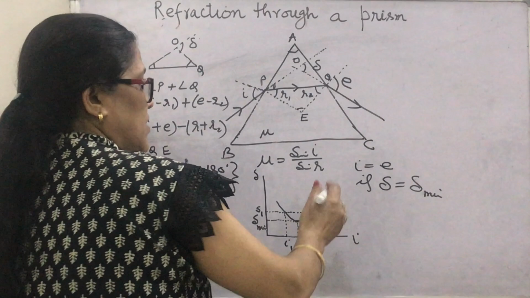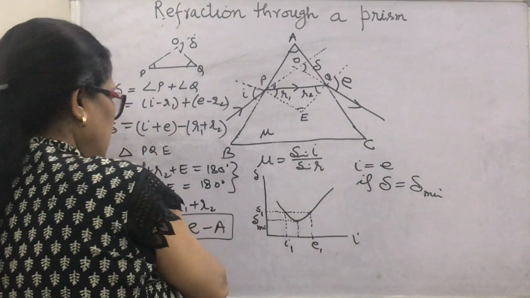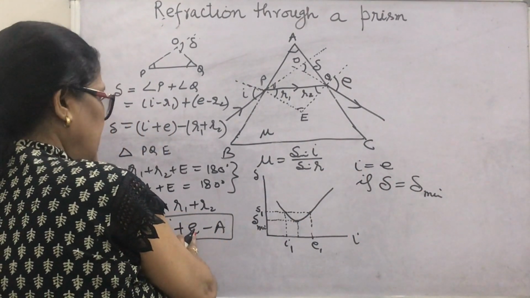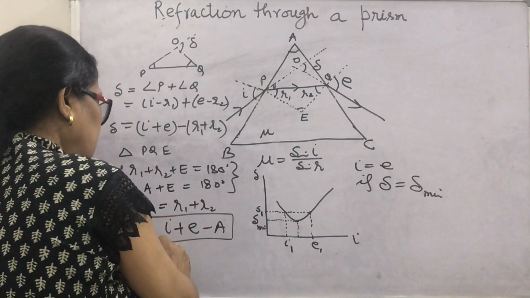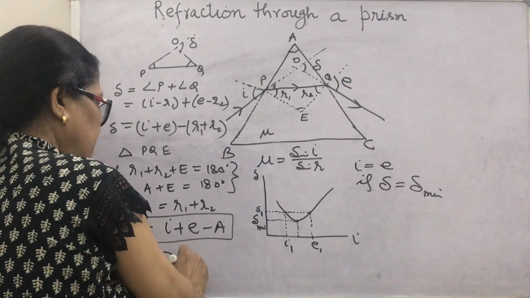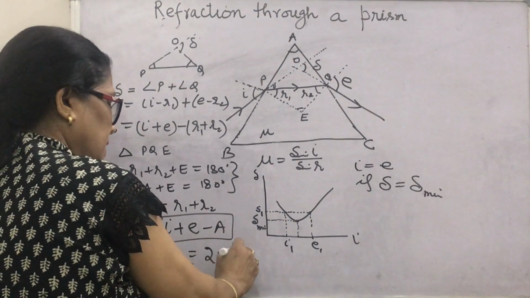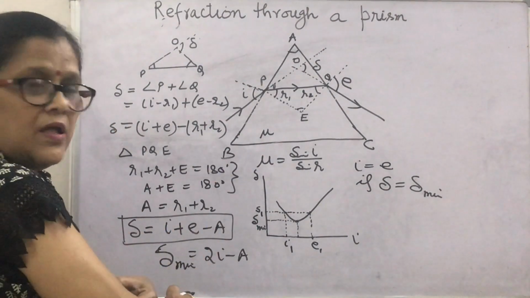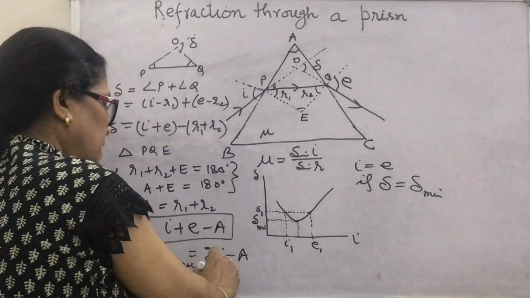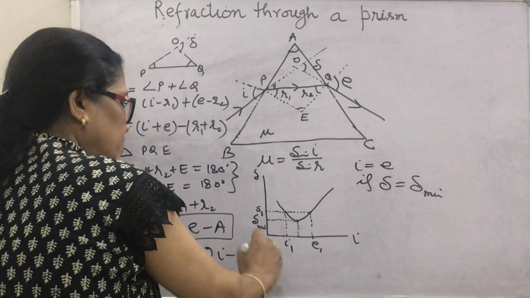Then put this relation here. If I is equal to E, then what can you write? You can write delta minimum as 2I minus A. And if delta minimum is 2I minus A, then what will be I?